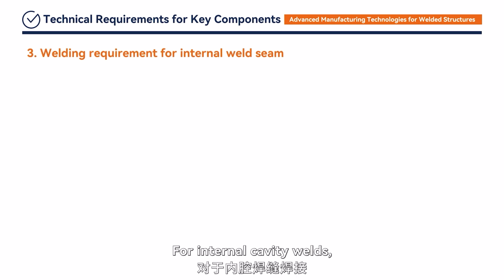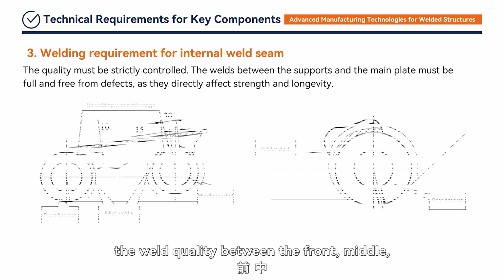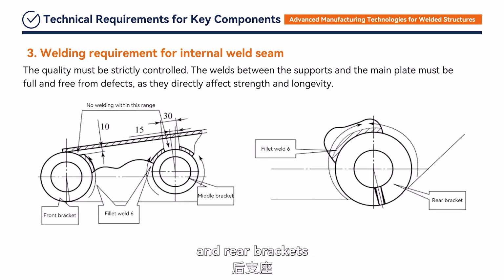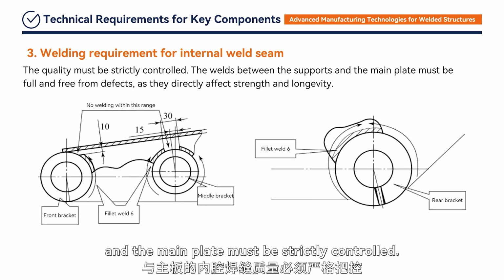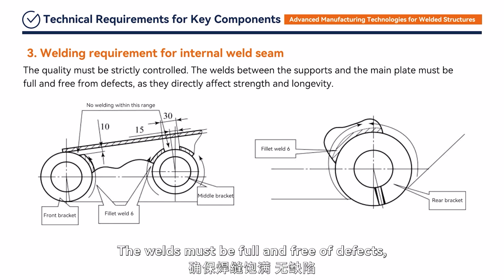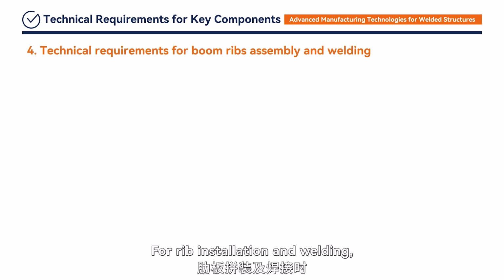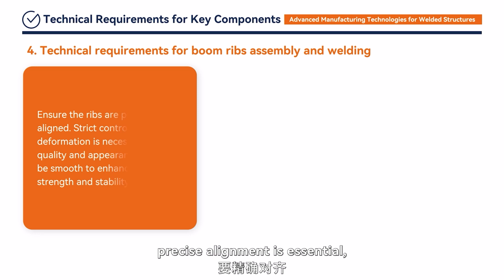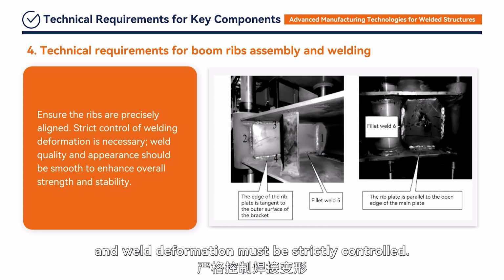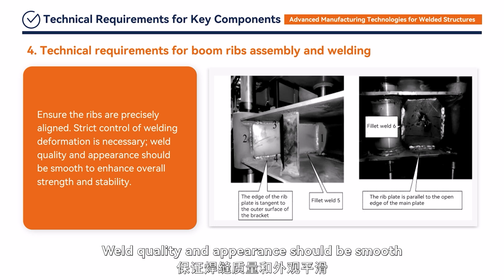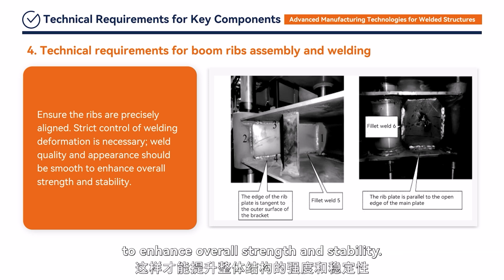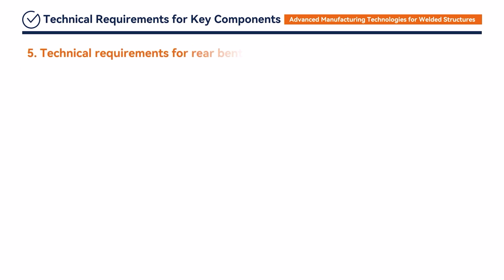For internal cavity welds, the weld quality between the front, middle, and rear brackets and the main plate must be strictly controlled. The welds must be full and free of defects, as this directly affects the strength and durability of the welded joints. For rib installation and welding, precise alignment is essential, and weld deformation must be strictly controlled. Weld quality and appearance should be smooth to enhance overall strength and stability.